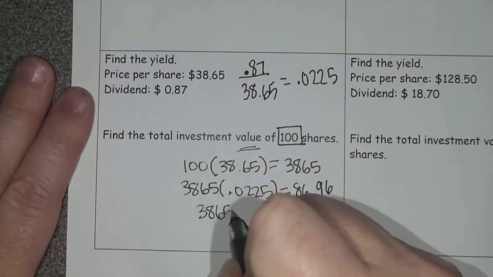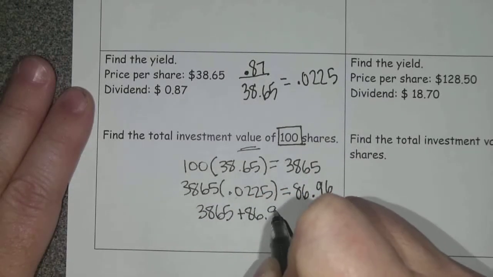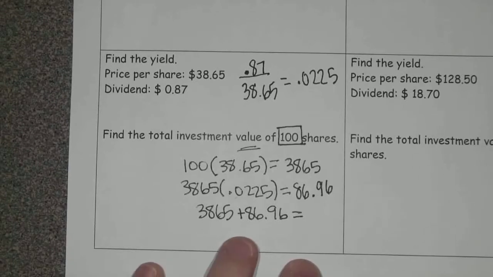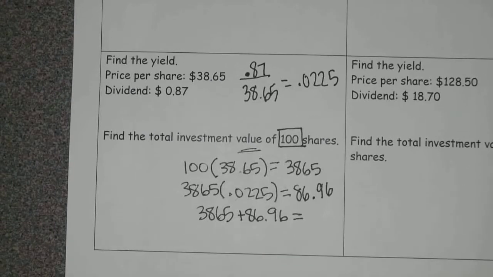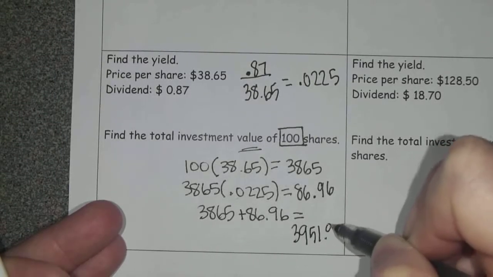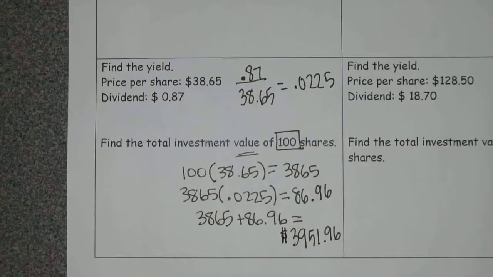So 3865 plus 8696 equals... anybody? Okay, 3951.96. Did someone else get that? Okay, let's just go with my number then.